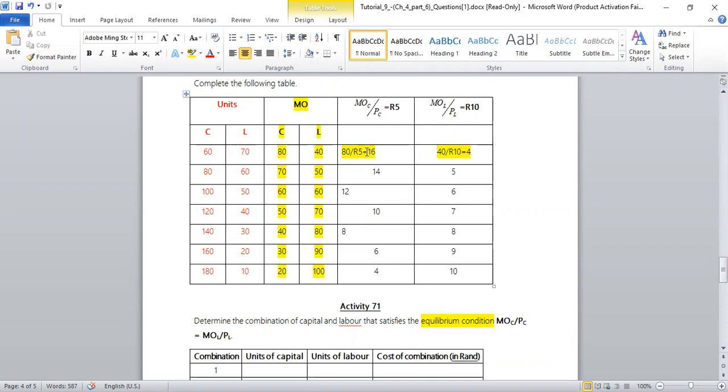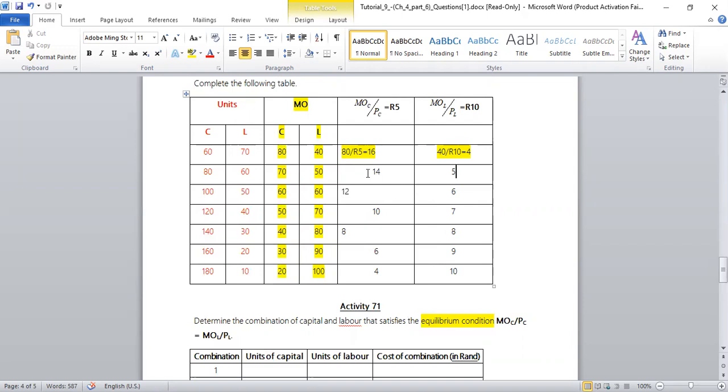So here we have 16. Let us go on this side. As you can see, there's no 16 here, so we can't find the equilibrium at 16. Let us move on. Here we have 14.